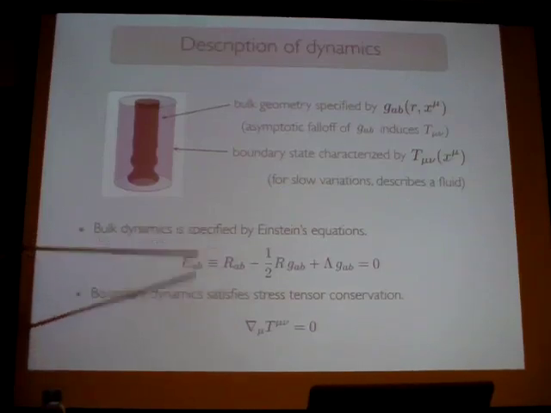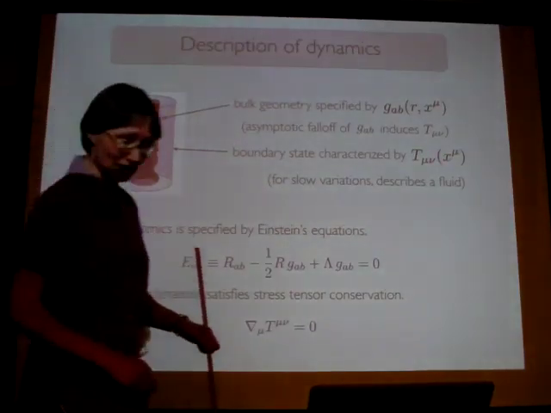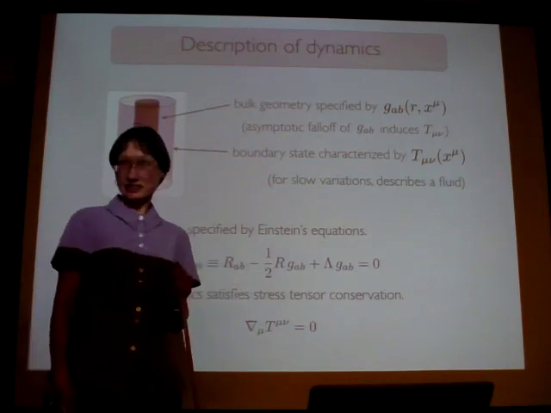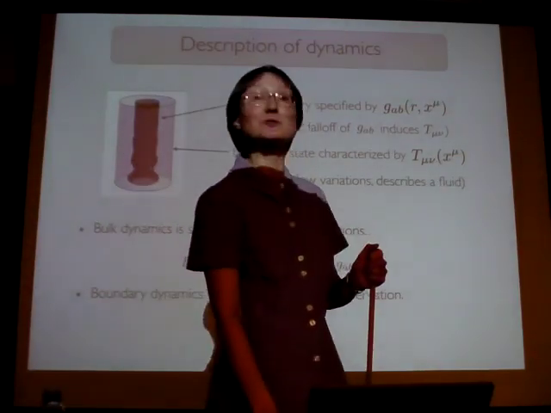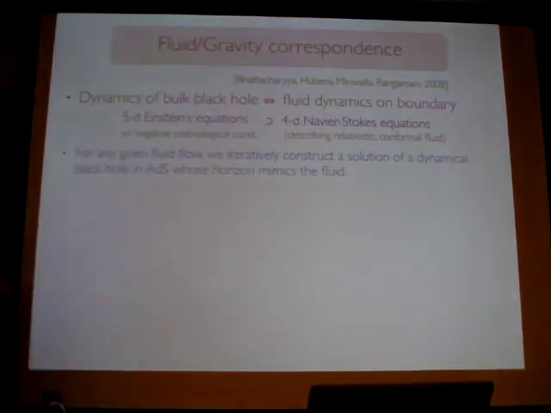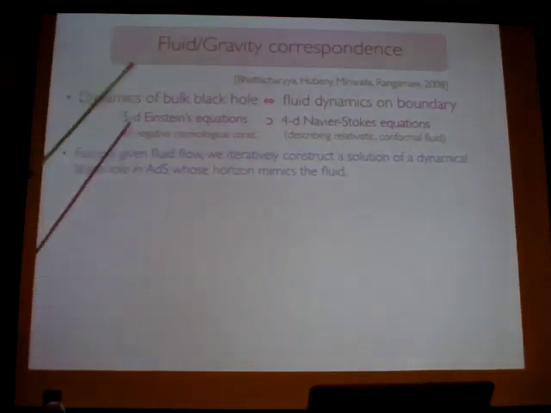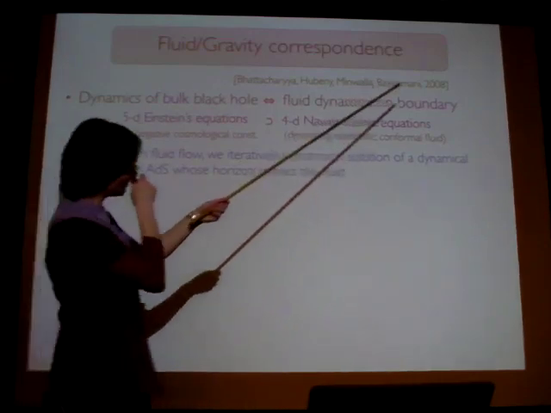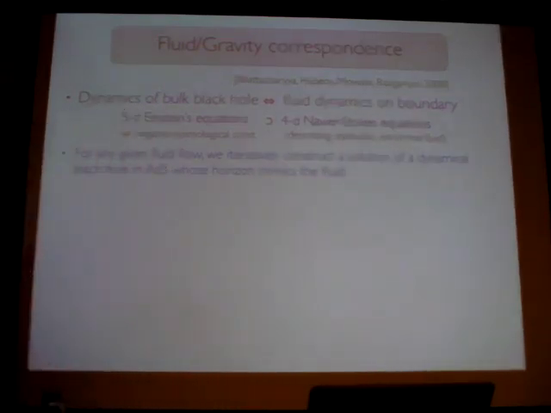So it's not clear that there would be a relation, but we have seen that there is one at the linearized level. And in fact, the beautiful thing is that there is indeed a direct relation at the nonlinear level as well. This goes under the name fluid gravity correspondence, which we developed almost 7 years ago.